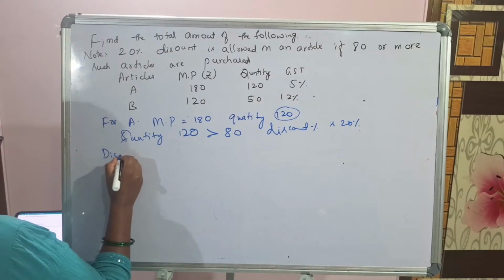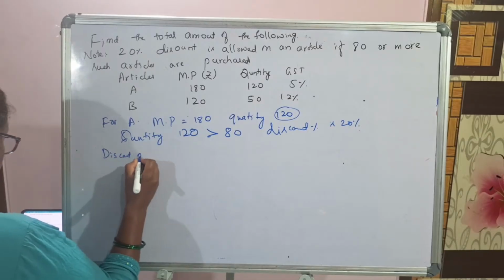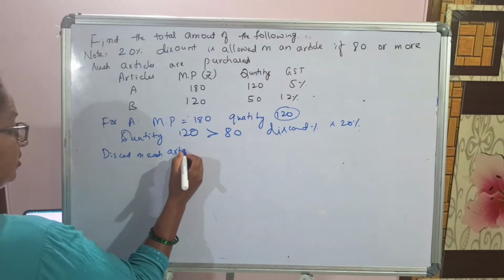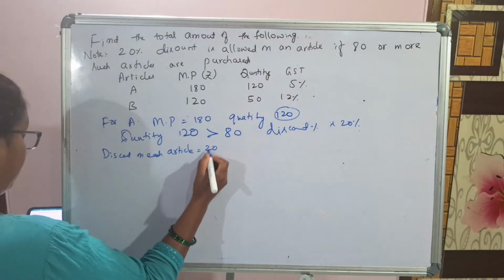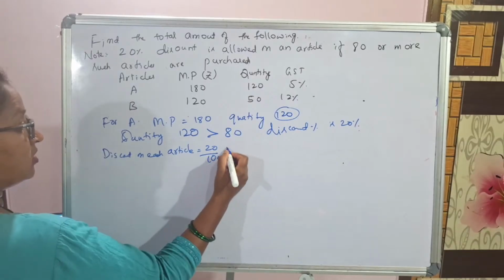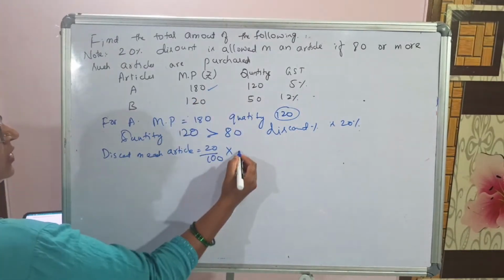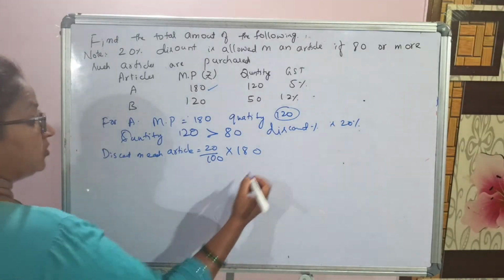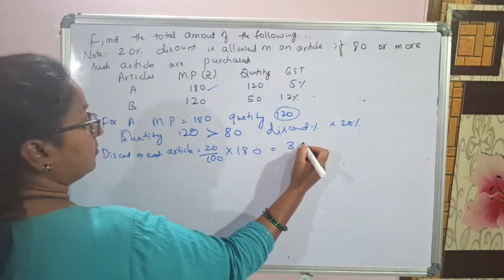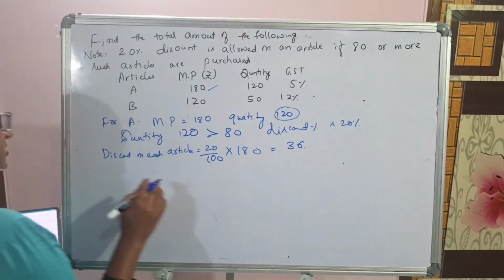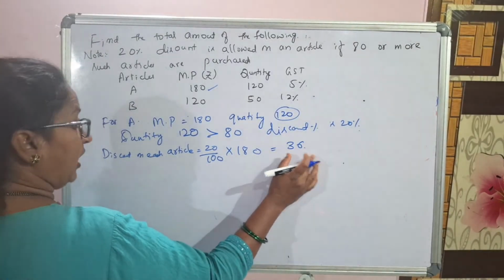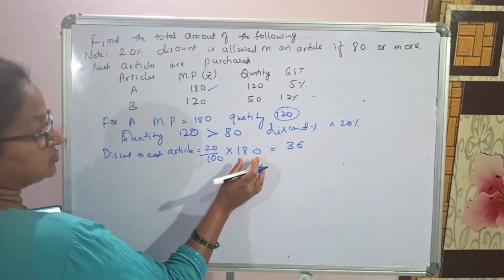So discount on each article is equal to 20 divided by 100 into 180. This is only for article A, which is equal to 36. That means we have to subtract this 36 from 180.